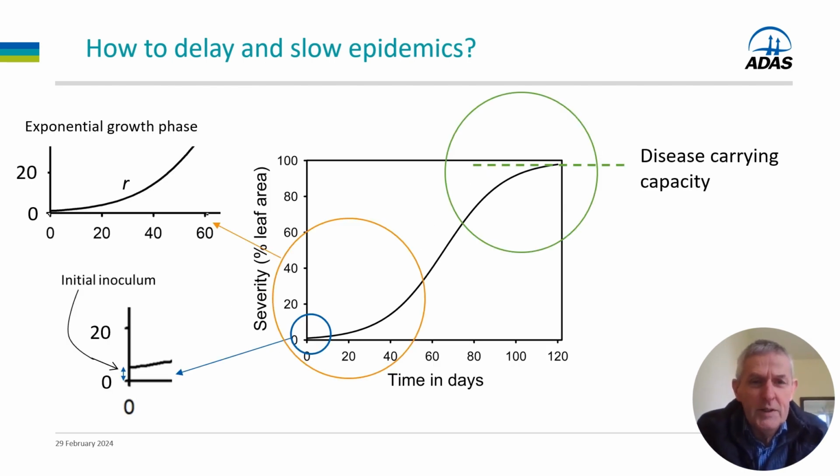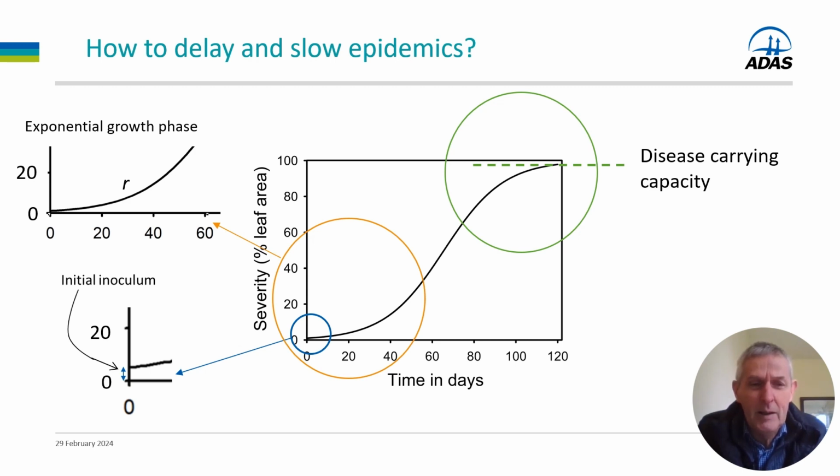First of all, let's think a bit more about the different phases of the epidemic before we think about what we might do to deal with those different phases. If we focus on the little blue circle at the bottom left of the chart for a moment, the disease doesn't come from nowhere. It's coming from some spores arriving from somewhere else, which we're terming here initial inoculum.